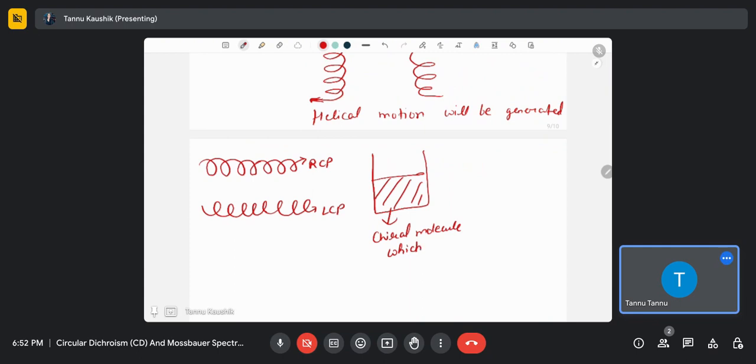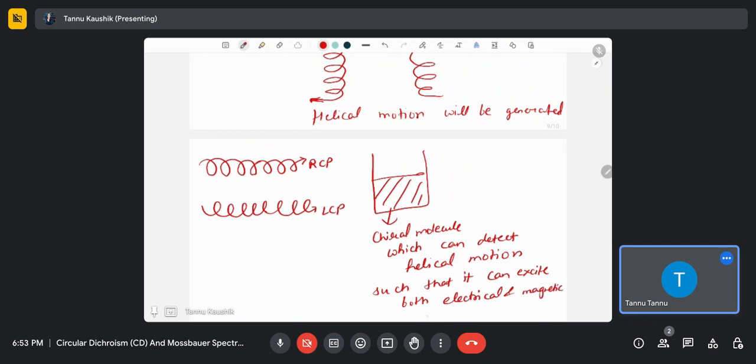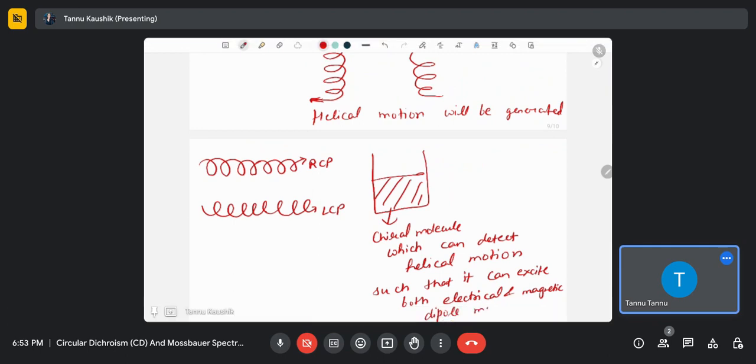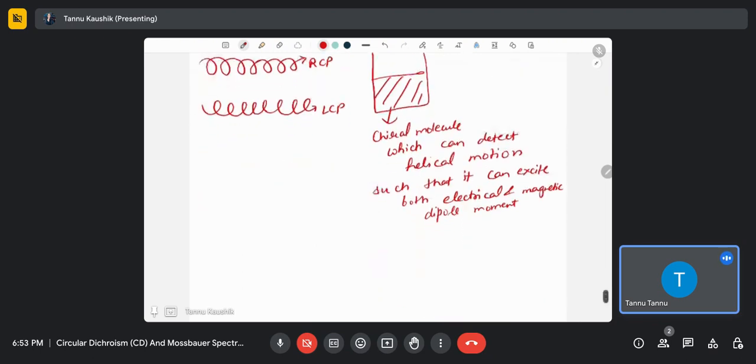So we have to take such a chiral molecule which can detect helical motion such that it can excite both electrical and magnetic dipole moment.